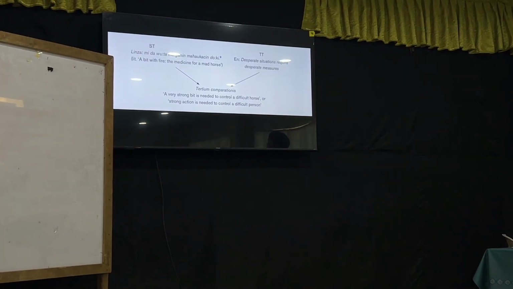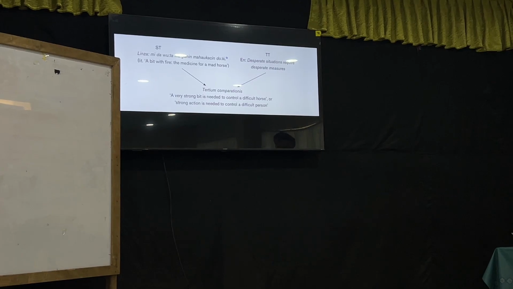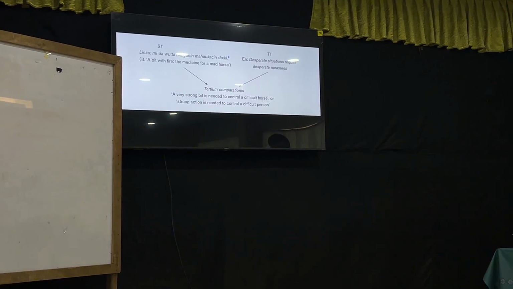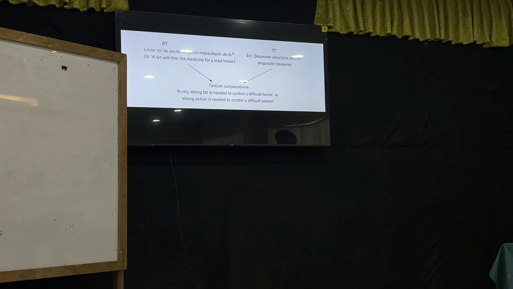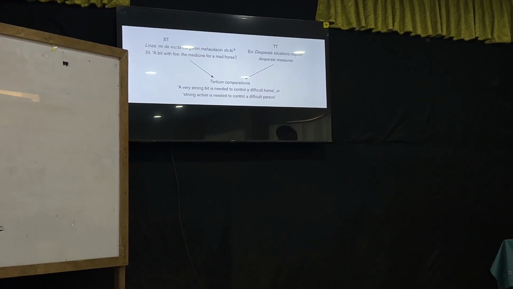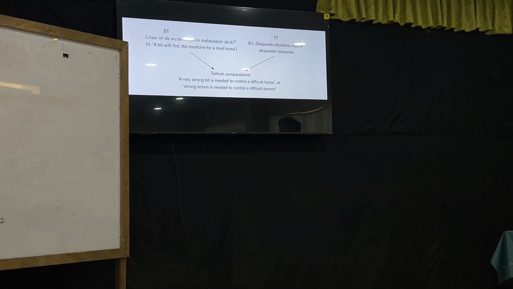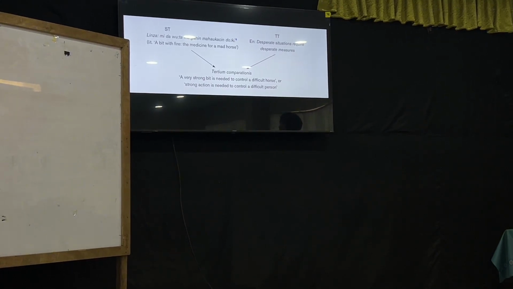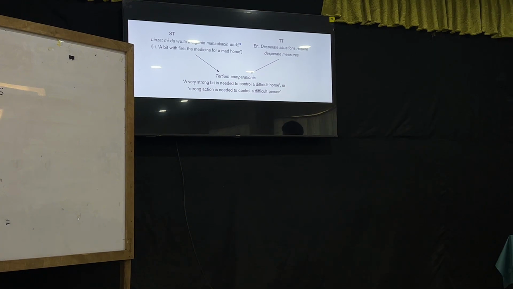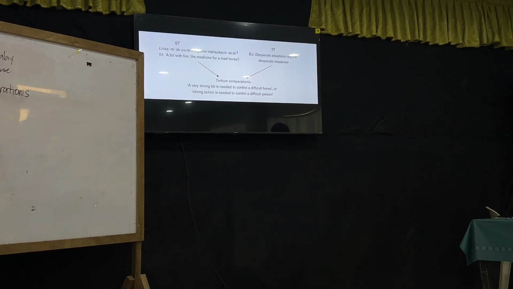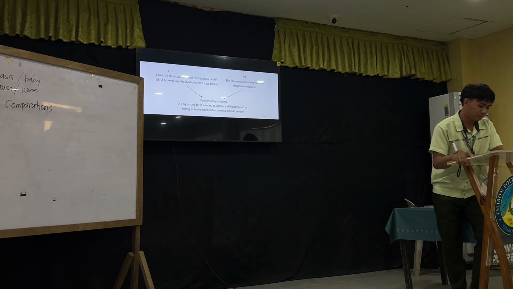Other translators try to merge them to see the result: "A very strong bit is needed to control a difficult horse," or "Strong action is needed to control a difficult person." As you can see, it seems enhanced. The shared meaning is that strong action is needed.